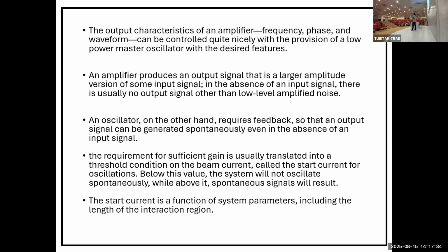For an amplifier, you don't want to have feedback. You have to reduce the reflections at the end of the structure. That's why now a lot of techniques pay attention to how to reduce the reflection from the edge, especially where you're extracting the RF. So this is very important.